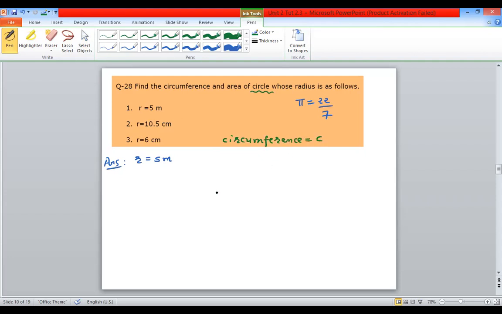The circumference, in short, I'm writing C. So C is equal to 2 pi r. Put all the values in the given equation. 2 as it is, 22 by 7 into 5. Multiply and divide by 7.